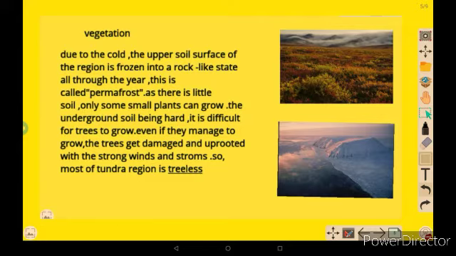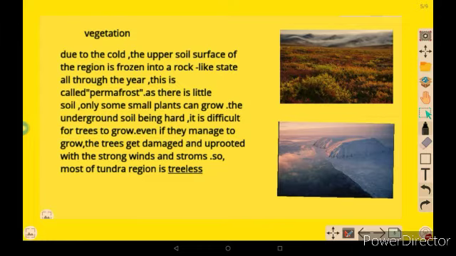So the upper soil, here we can see the soil, is frozen. The land is frozen, and frozen means it converts into a rock-like state. It is very hard.